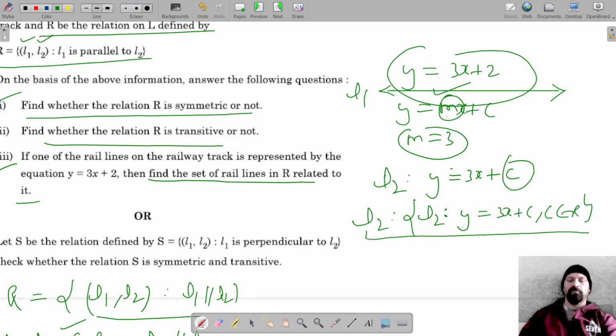So this is the set of all lines that will be in relation to this line, because all these lines will have slope 3, which is parallel to this line.